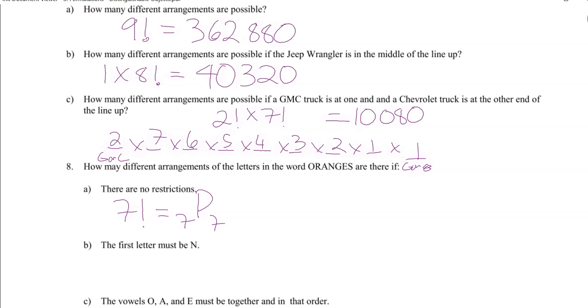So 7 factorial or 7p7, or 7 blanks. All the above, right? So if they've worked something out to a number, it really doesn't matter which way you do this. 7 factorial, 7p7, 7 times 6 times 5 times 4 times 3.